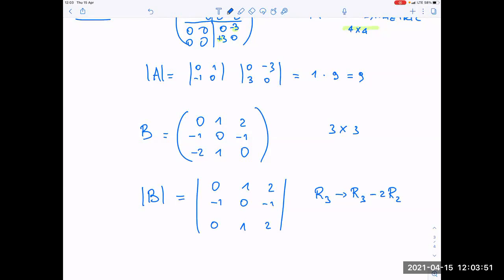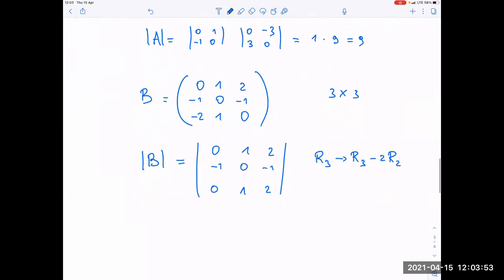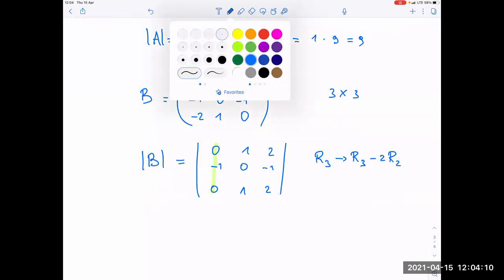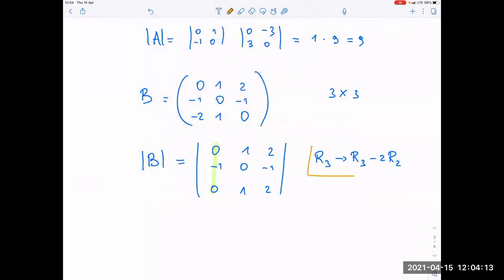This is the elementary row operation I use here to obtain this matrix C, and C and B are row equivalent.